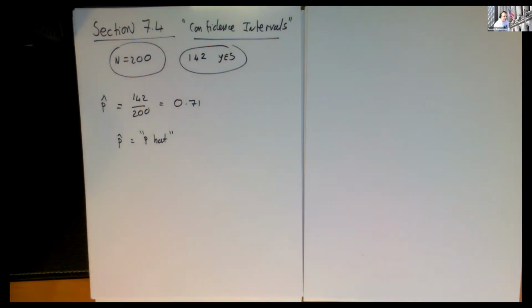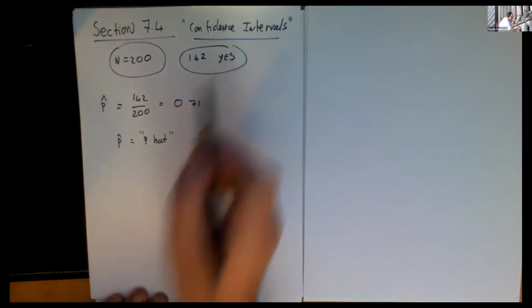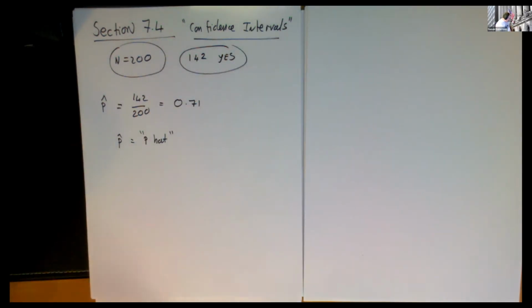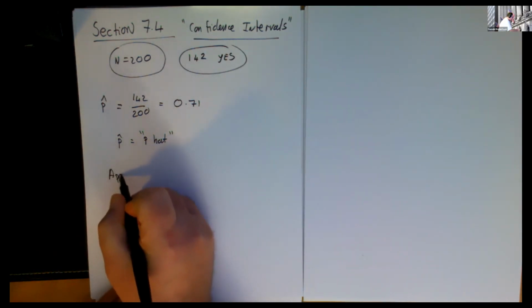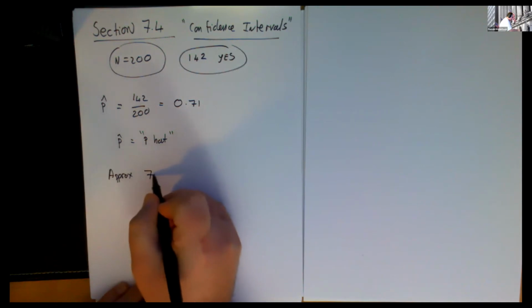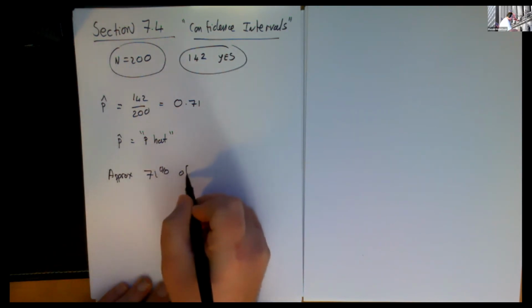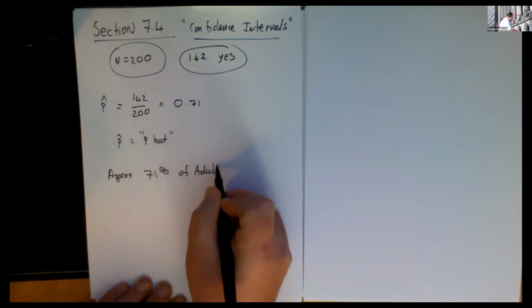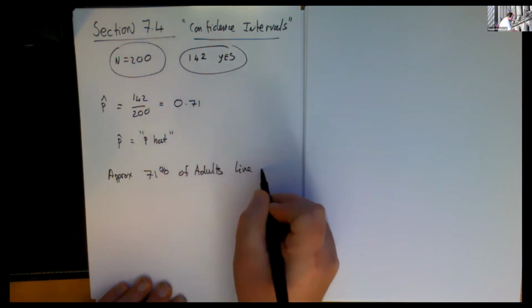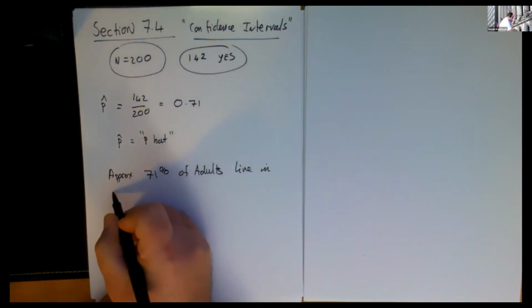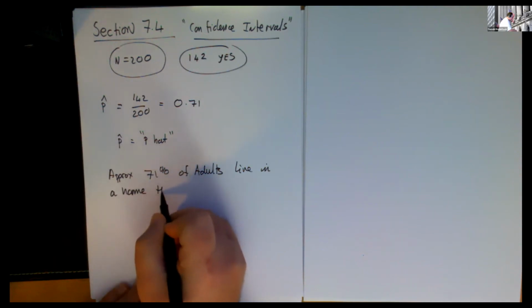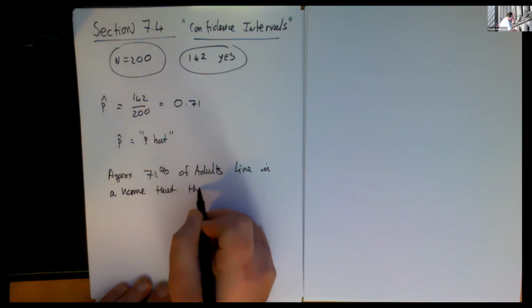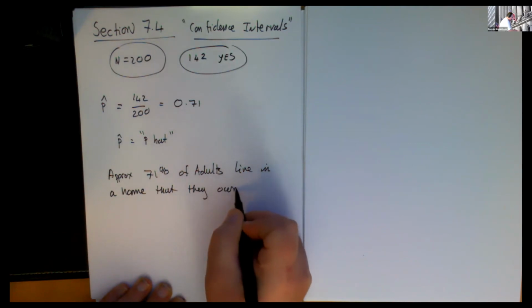That's fine. So based on my very small sample, I could make the prediction that approximately 71% of adults live in a home that they own.